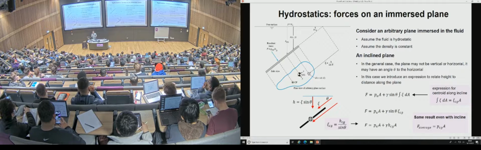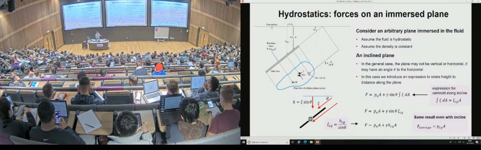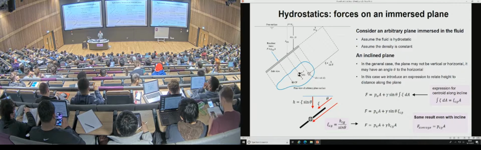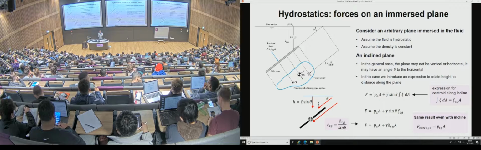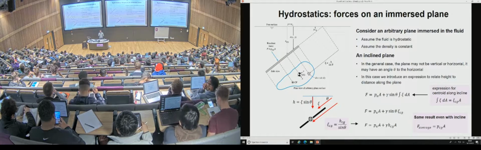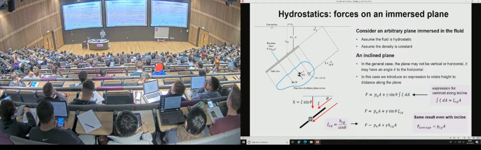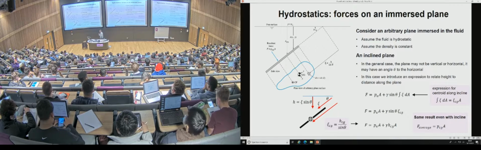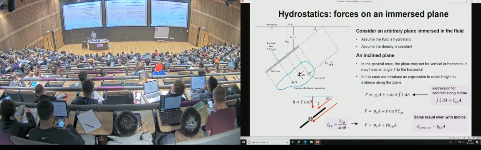There are some examples I've seen online and some experiments that you can do with special equipment that show that if you have a surface submerged in water and you try to support it at its center of gravity, it doesn't stay still, right? If it has a vertical inclination, it doesn't stay still if you support it. If it's horizontal, it will. You can think of a float in a swimming pool. If you try to support it while it's vertical or inclined at its center of gravity, it won't stay still. So you have to move your force to the center of pressure in order to balance that motion.